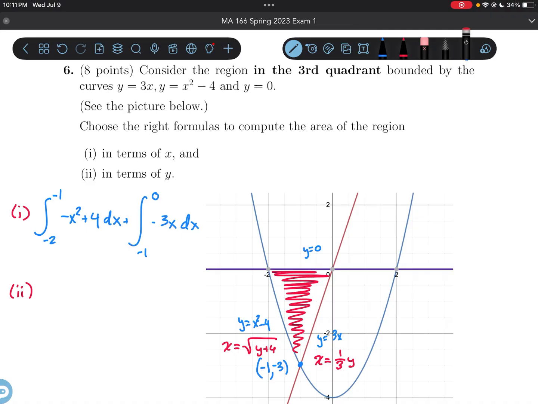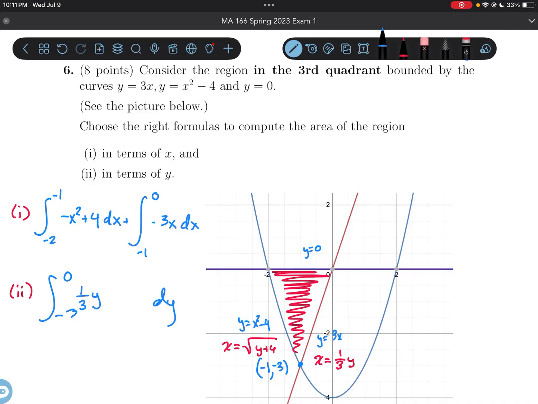First we have to consider the bounds of our integral. The lower bound is -3 and the upper bound is 0. So we have -3 to 0, and then we take x equals 1/3 y.